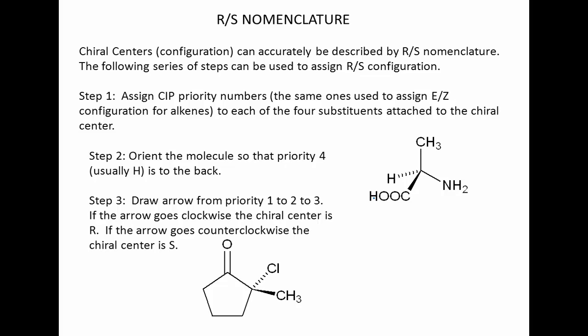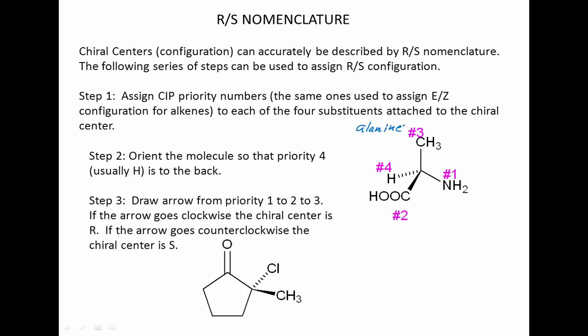So we're going to look at the molecule alanine, which is over to the right. Okay, and let's just do this. This is a very simple amino acid. All right, so at the chiral center we have a methyl, an NH2, a carboxylic acid, and hydrogen.